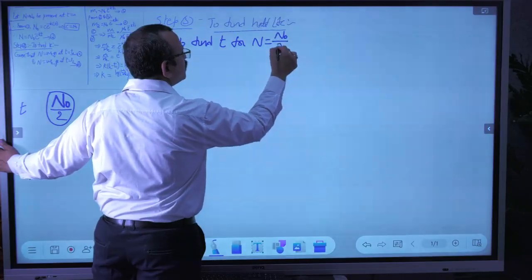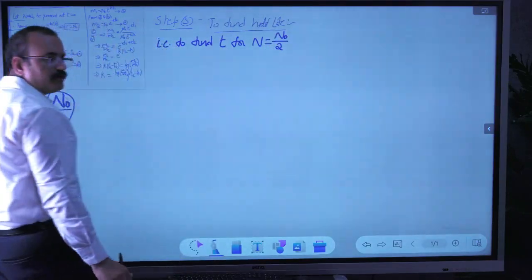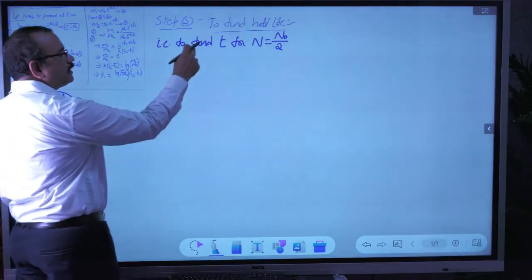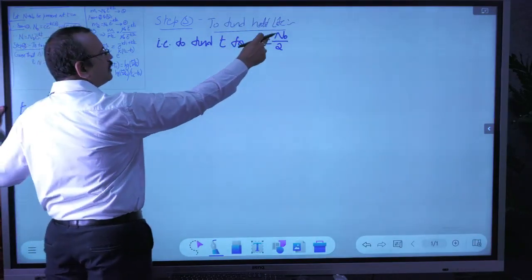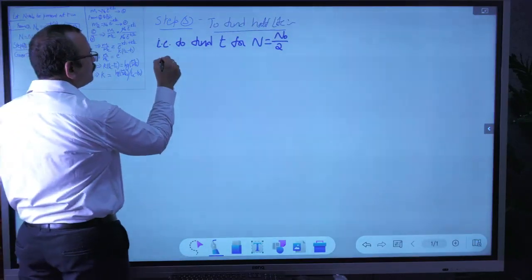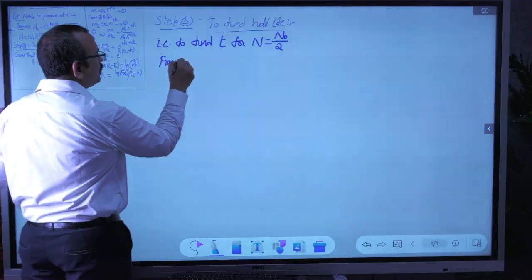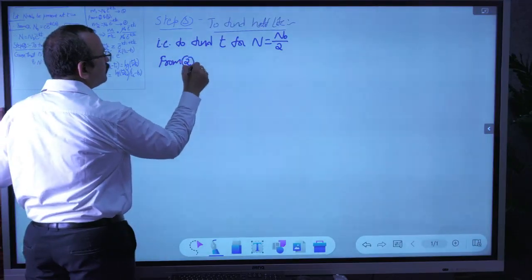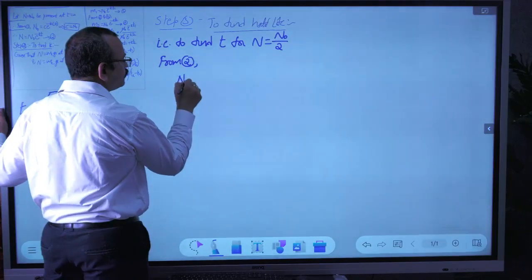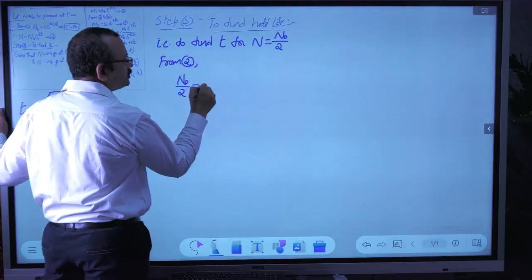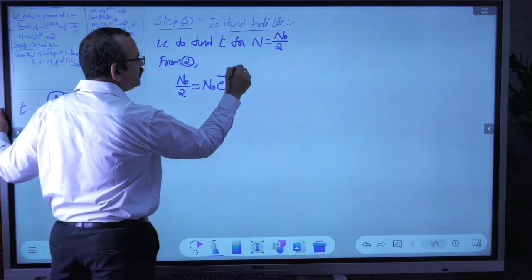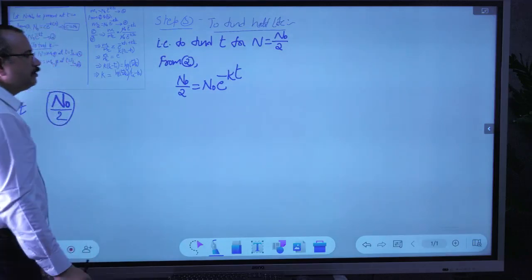Half-life means initially we have n naught, and we need to calculate the time for which n becomes n naught by 2. So again we will go for the formula, from equation 2 actually we have, if we apply equation 2, n becomes n naught by 2, n naught by 2 is equal to n naught into e power minus k into t value, that is what exactly we need to find.